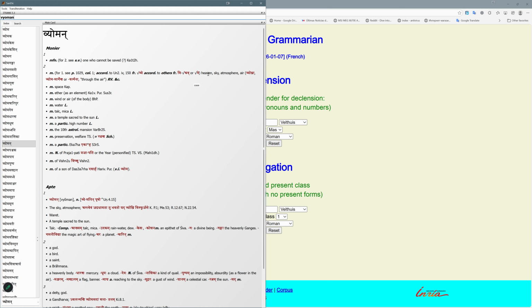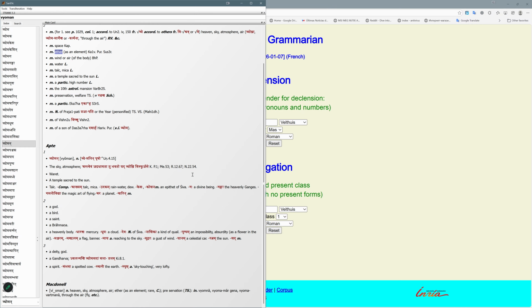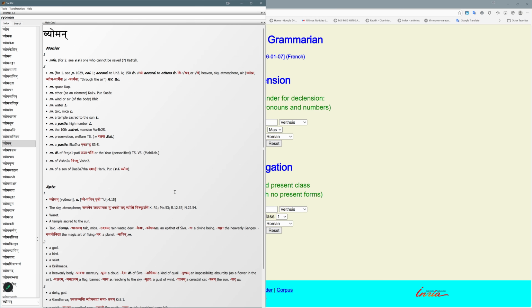No estoy de acuerdo. Vyoma is heaven, sky, atmosphere, air, ether, éter, el éter. Some translators, I cannot name them, no puedo nombrarlos, in public, but some translators, I dislike them, no me gustan esos traductores. They say void, dicen que es un vacío. No, it's an ether, es un éter.